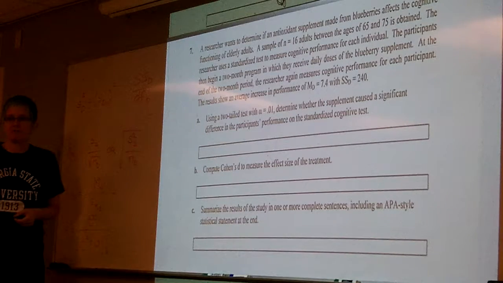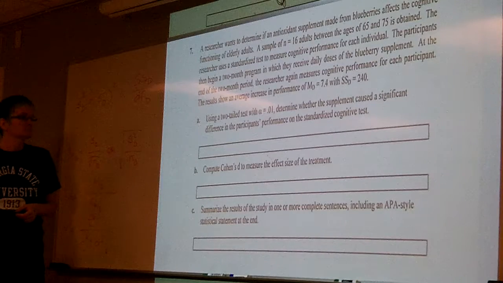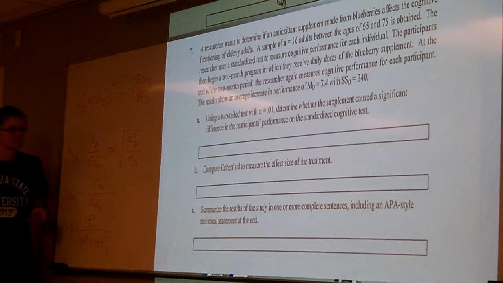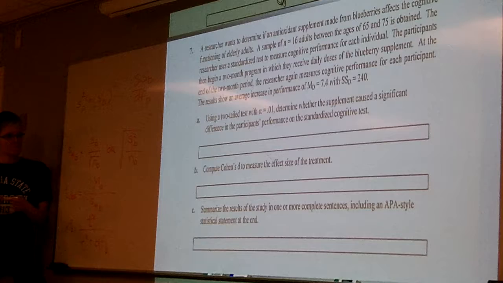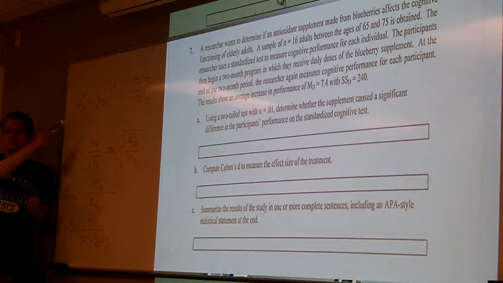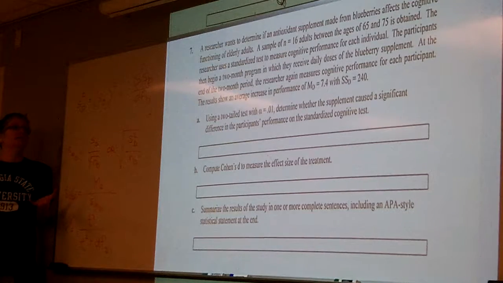It just turned out that way for this problem. But our degrees of freedom was 15 here. Did you get that? Okay. And our sample size was 16. It also turned out, just by freak accident, that our sample variance of the difference scores was also 16.